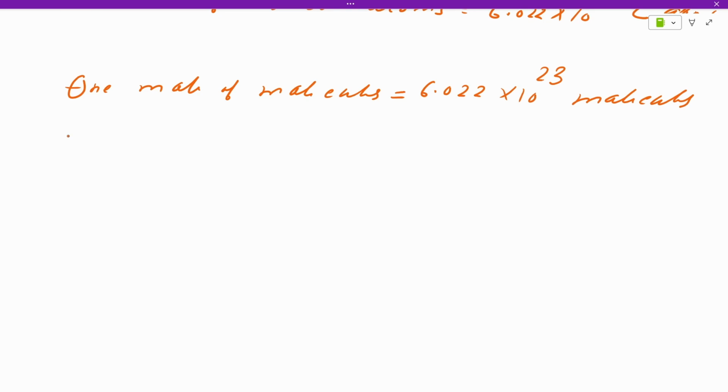Similarly, 1 mole of ions means 6.022 into 10 raised to power 23 ions.